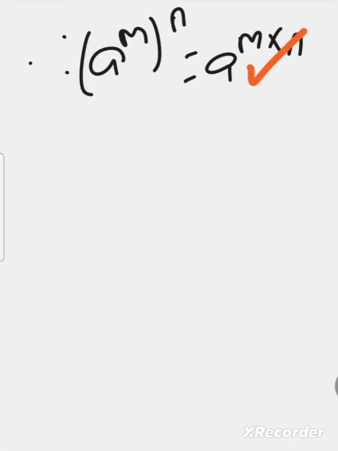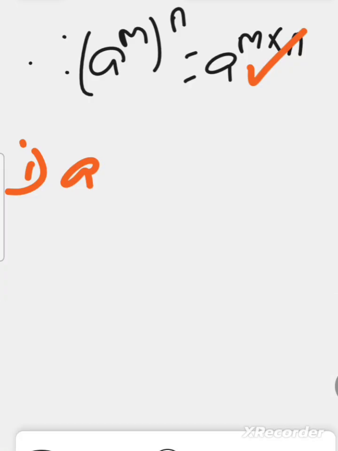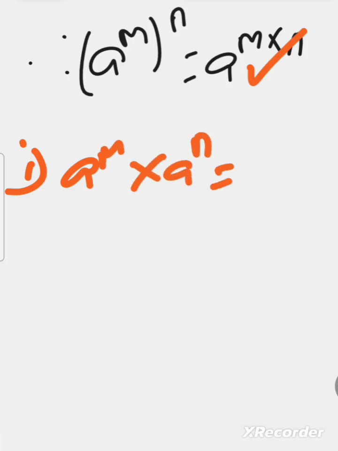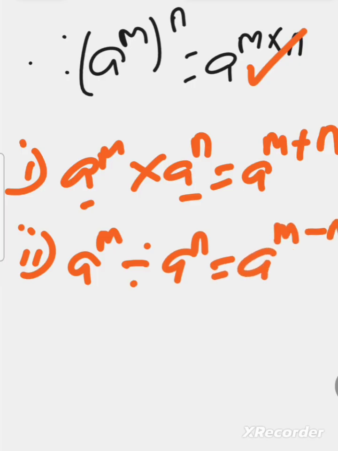If I state them, the first law says a power m multiplied by a power n is the same as a power m plus n, and this applies if the bases are the same or common. The second law states that if we have a power m divided by a power n, this will be the same as a power m minus n.